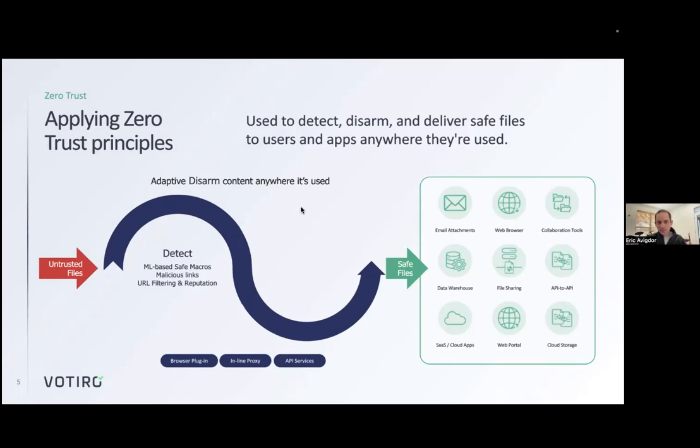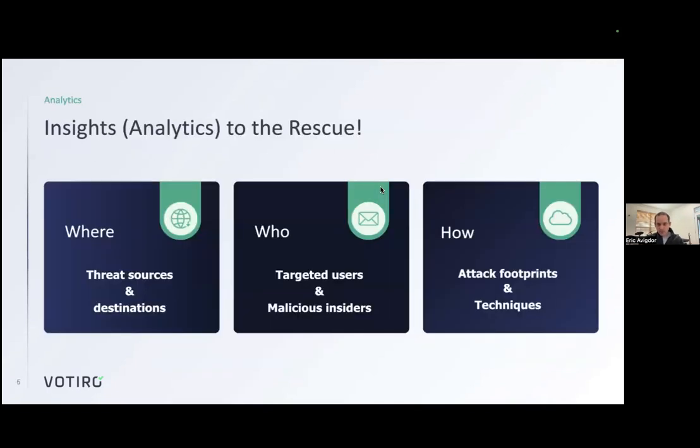So now I'd like to pause there for a moment and talk about analytics. Because in the traditional threat space, analytics were actually used in a very different way. Let's take an antivirus for an example.